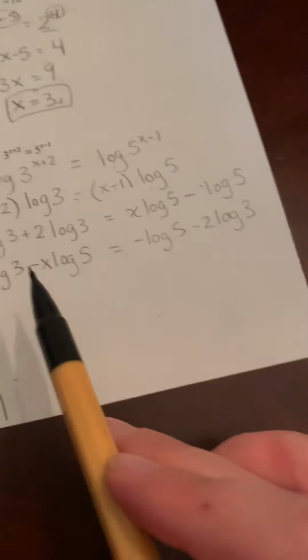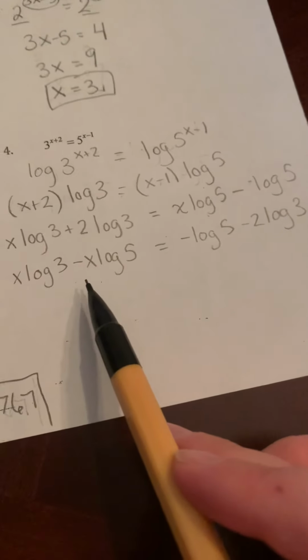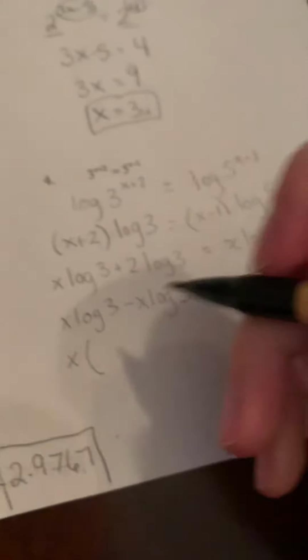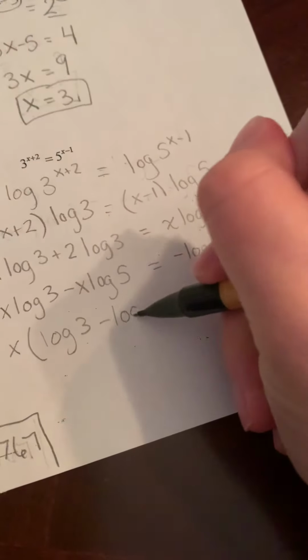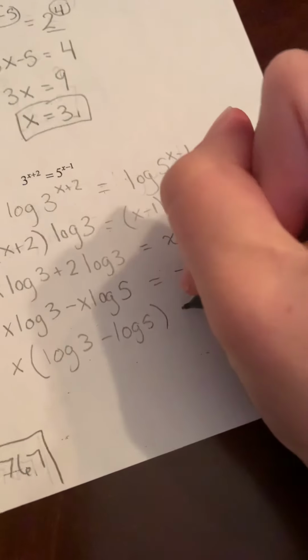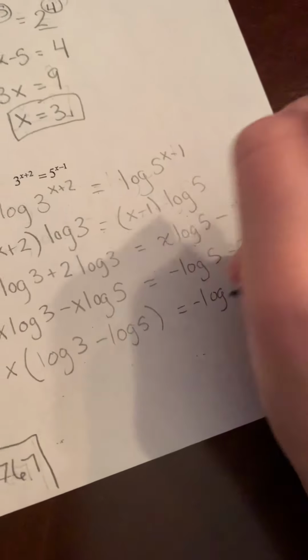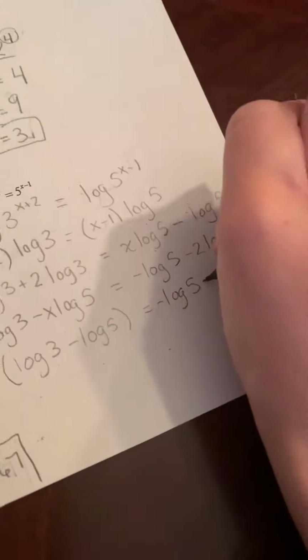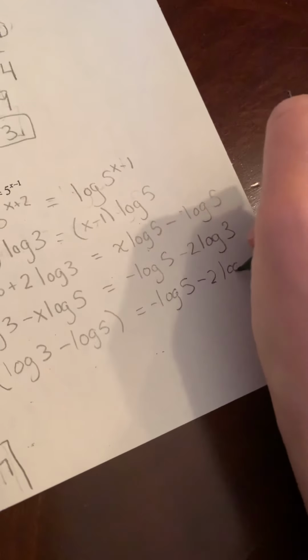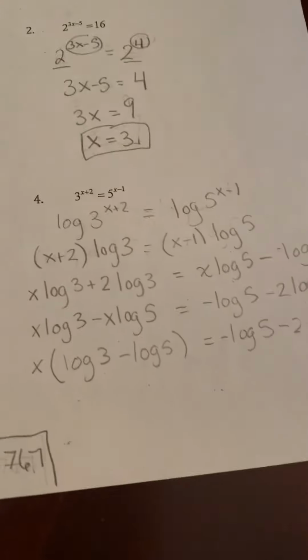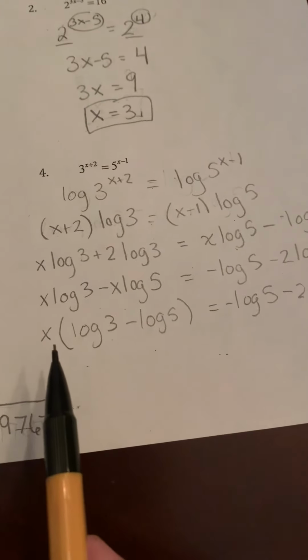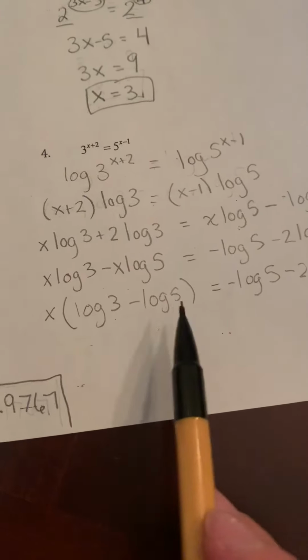From there, I only want this x to show up once, so I'm going to factor it out because it is the greatest common factor. So notice again, still not using a calculator for any steps yet, so if you don't have one, it's okay.